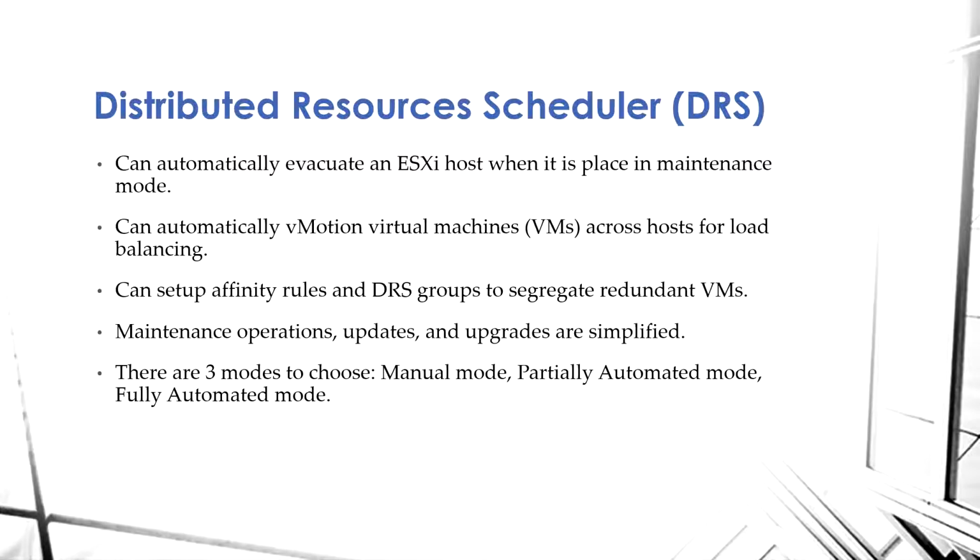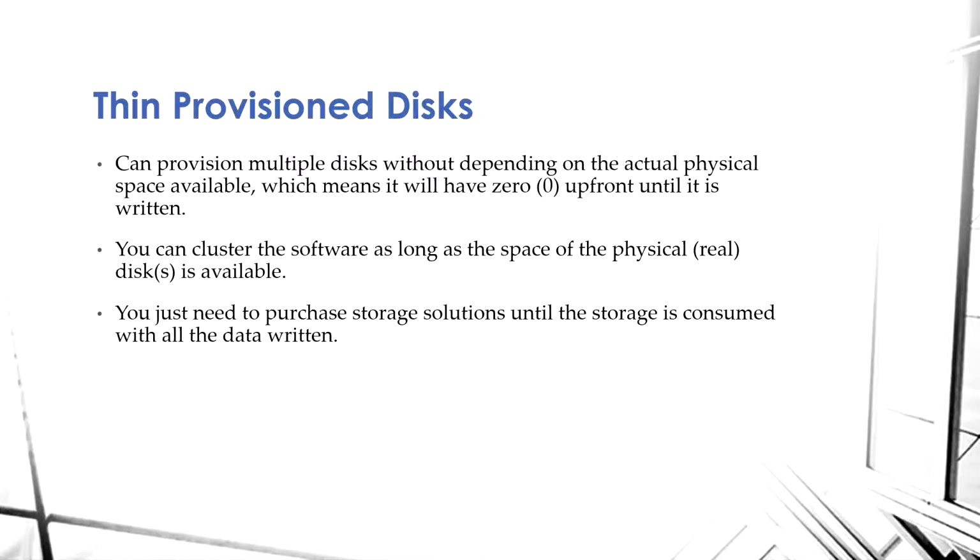There are also 3 modes for you to choose to configure: manual mode, partially automated mode, and fully automated mode. So with Update Manager and DRS, you can totally resolve your first desired solution.